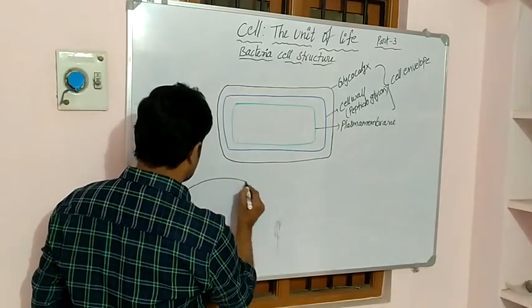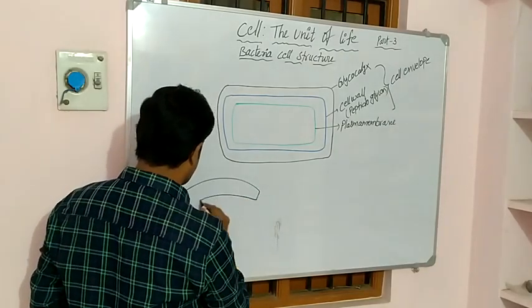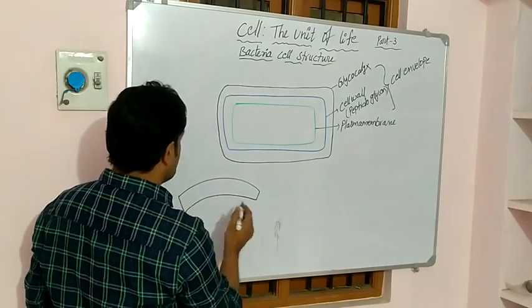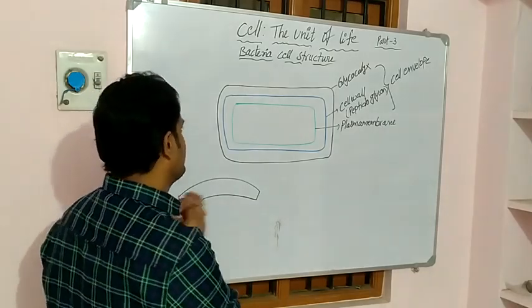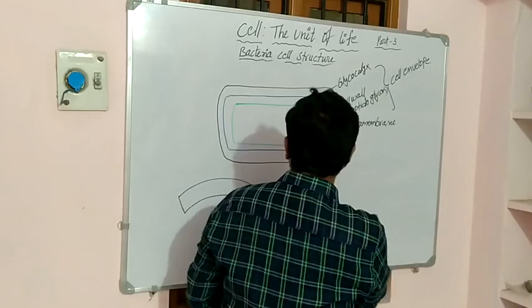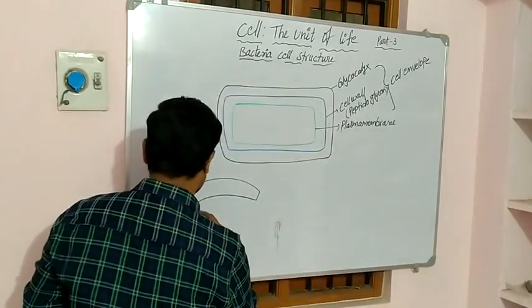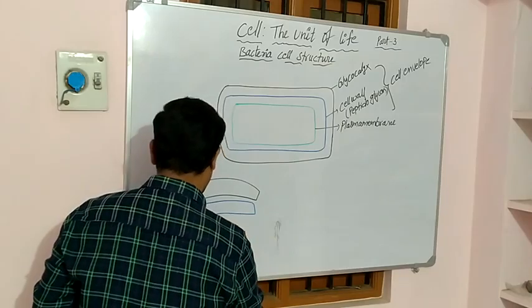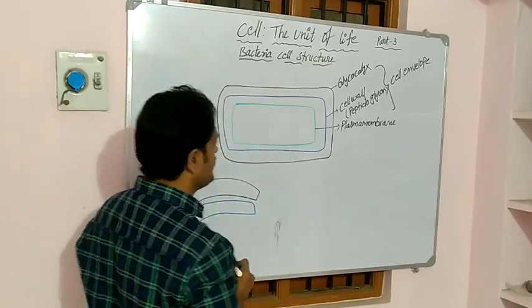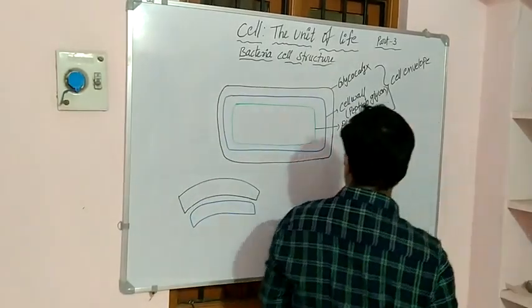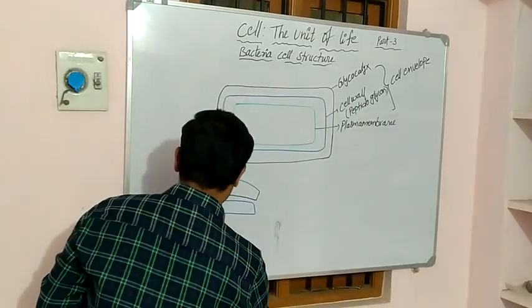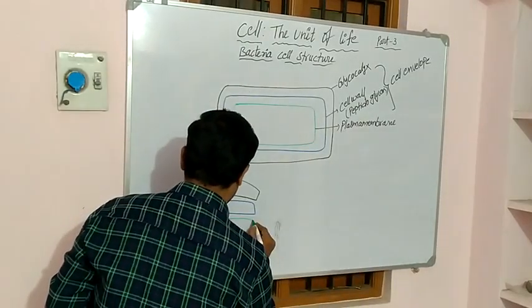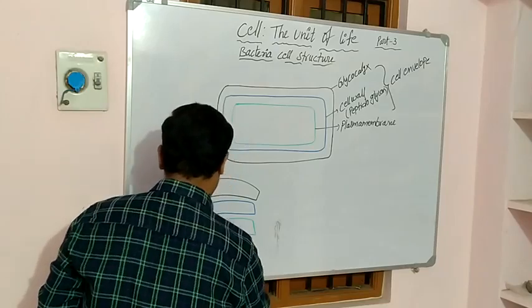See, this is the outermost membrane, and the second one is the middle membrane. This is called the middle membrane, and then the innermost membrane like this. I will draw only the membranes here.